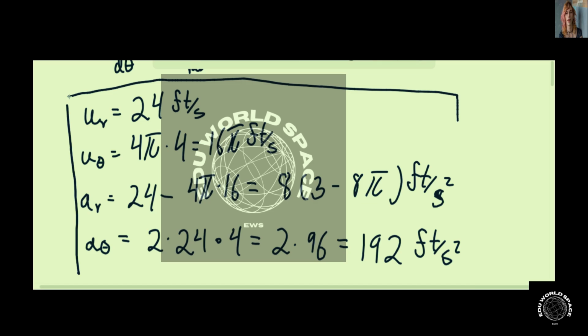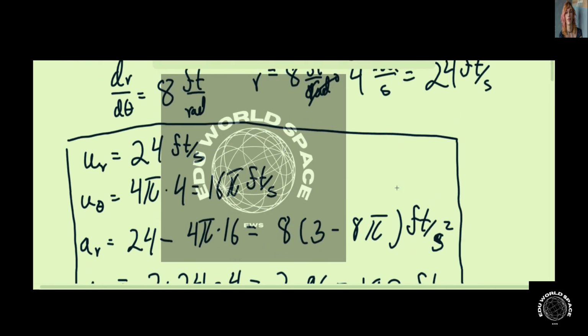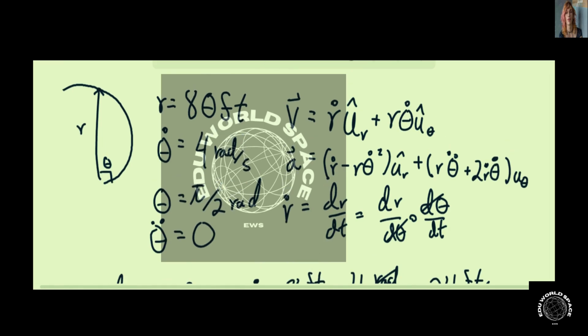The next portion of this problem asks us to sketch out what these look like. So U R and U theta are both positive. U theta is going to be somewhat bigger than U R because we treat pi as about 3, so it's maybe about twice as big as U R. So we'll draw the transverse component in red here for the velocity.